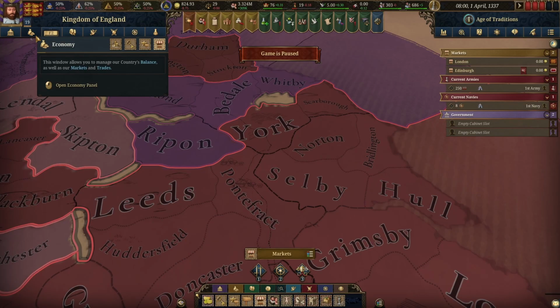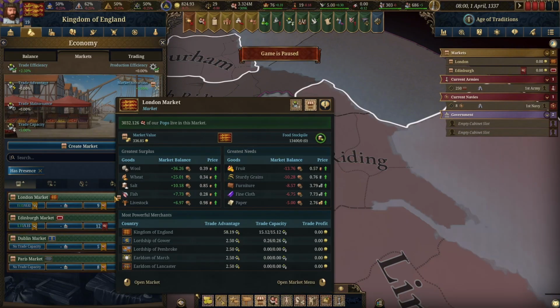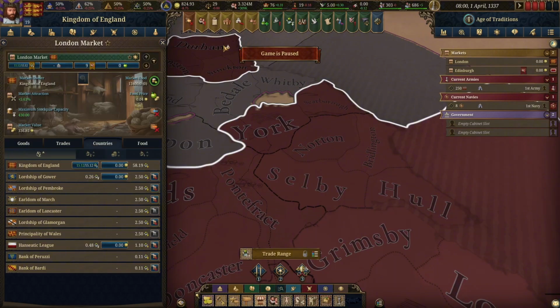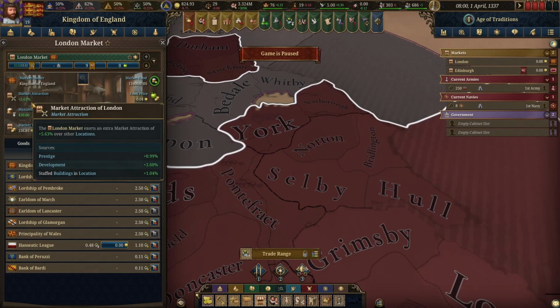If instead of proximity you want to increase your market attraction, if I hover over market attraction here, it says that our market attraction is high, and we're getting an extra bonus because of our prestige, which is found up here, and the development of our country, as well as staffed buildings in the given location.